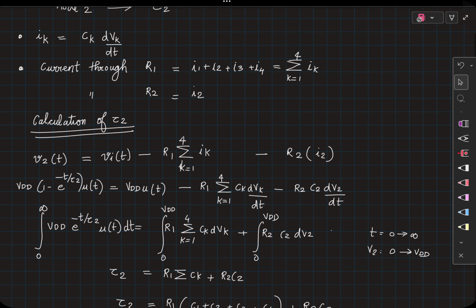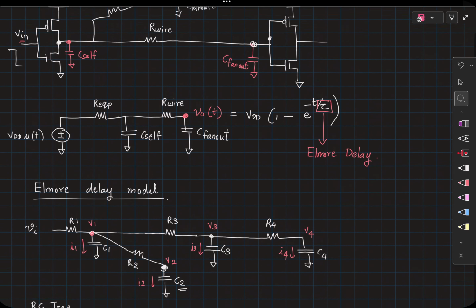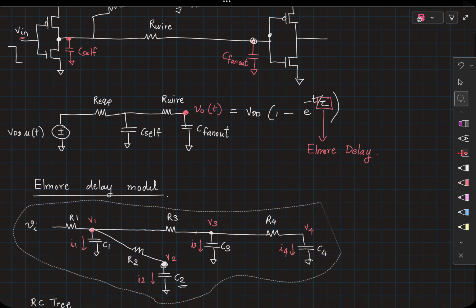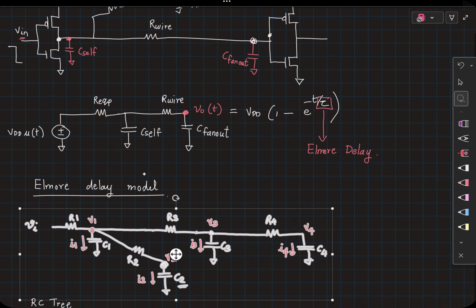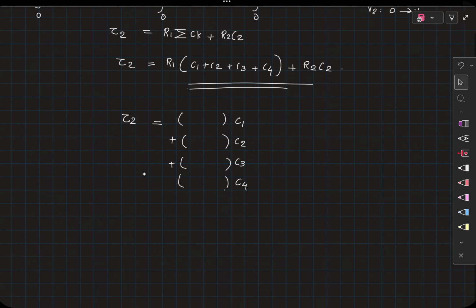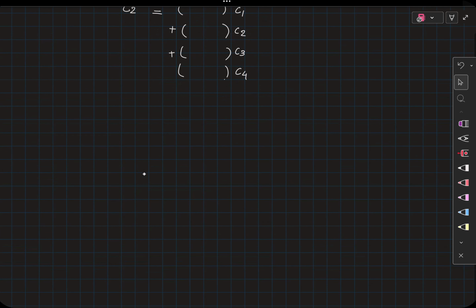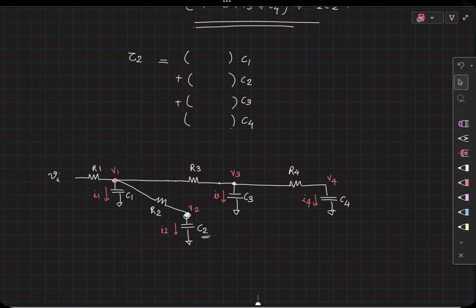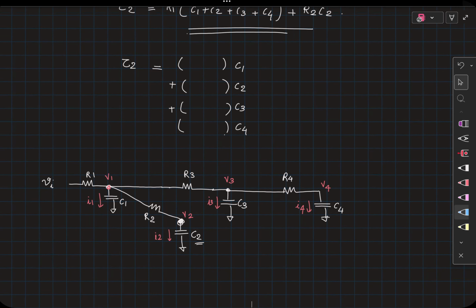Now if you look at the circuit, so let me bring the circuit closer. Right? Now the output node of interest to us is V2. Right? So you are interested in the path from Vi all the way to V2.